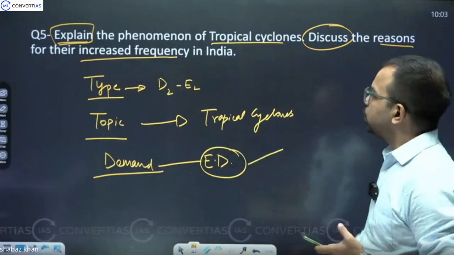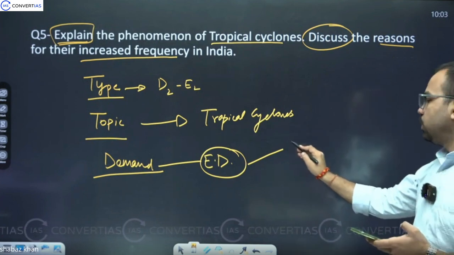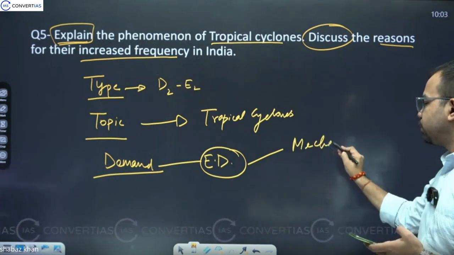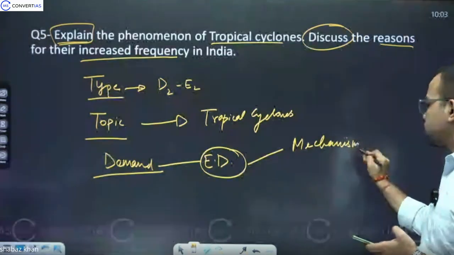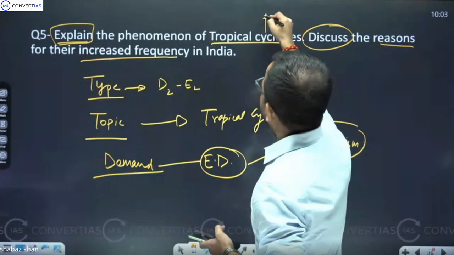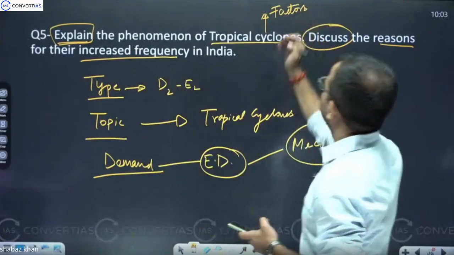How exactly are you going to write this? You are going to explain the mechanism. This particular phenomenon is dependent upon some factors.